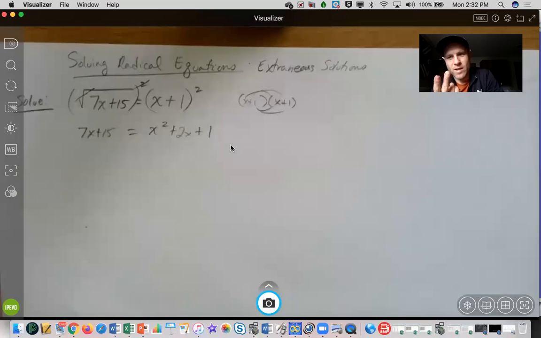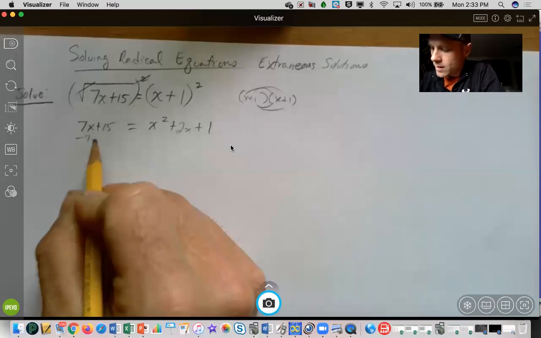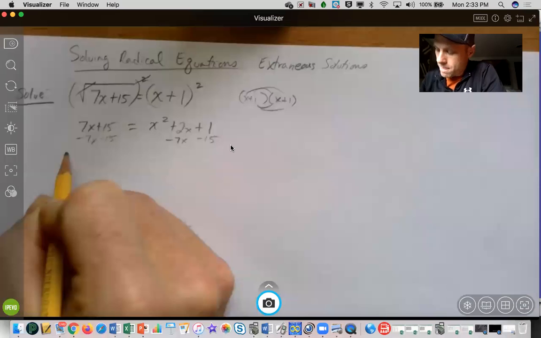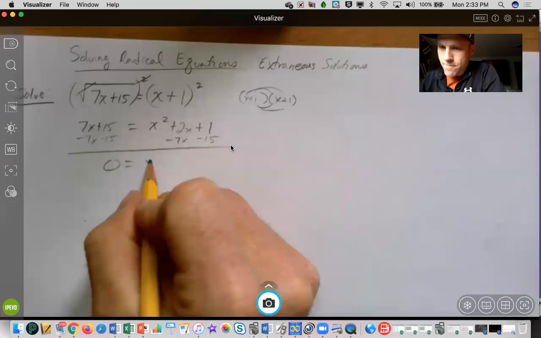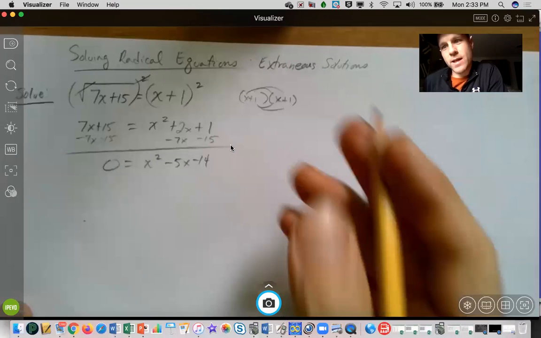To get those two possible solutions, we're going to try and get it equal to 0, use the zero product property if we can factor it. If not, it might be the quadratic formula. So if I subtract 7x and 15 over to this side, that'll get it equal to 0. And what I'm going to do now is think of numbers that multiply and add up.